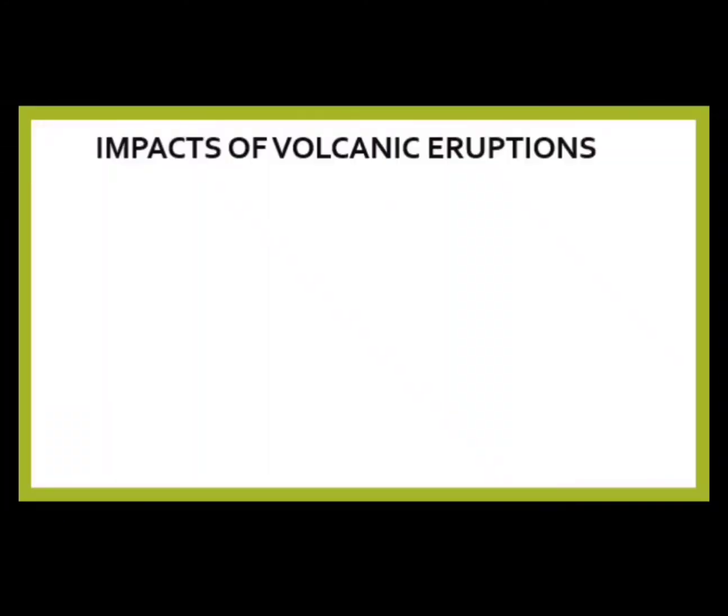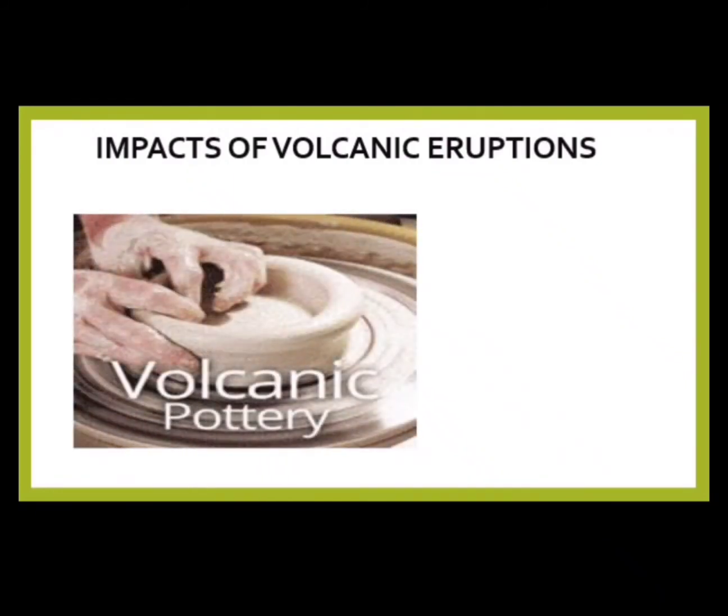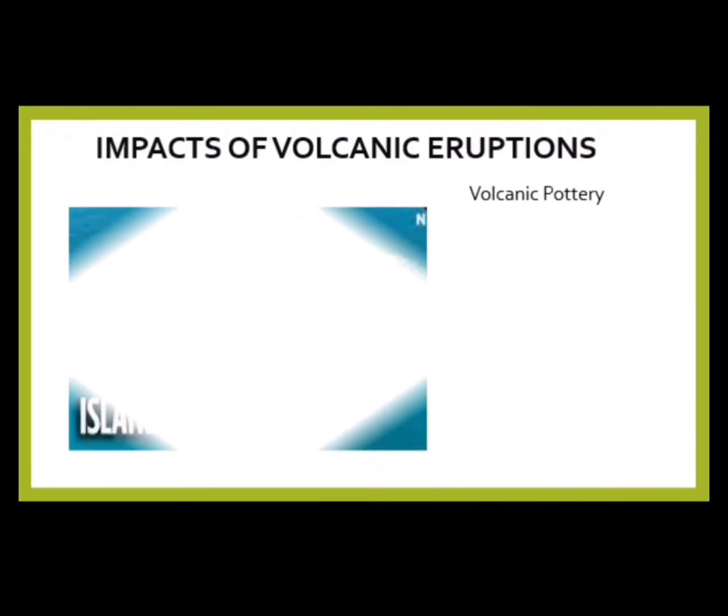How do volcanic eruptions affect society? Volcanic eruptions are often associated with negative effects, but they also have a good side. And here are the positive effects of volcanic eruption. Materials from volcano can be used to make pottery.